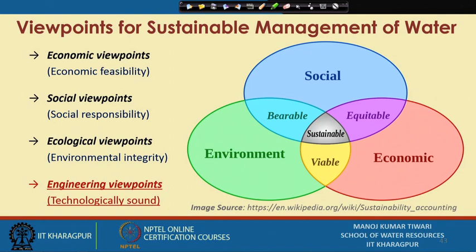If we are extracting too much water from resources, which is hampering the ecosystem demands, or ecological demands of water, then that is not an environmentally sustainable system.